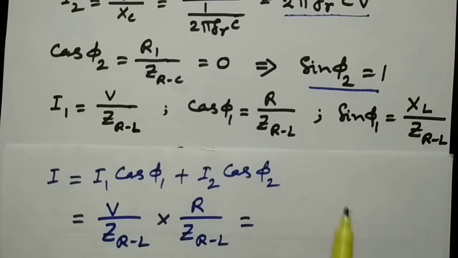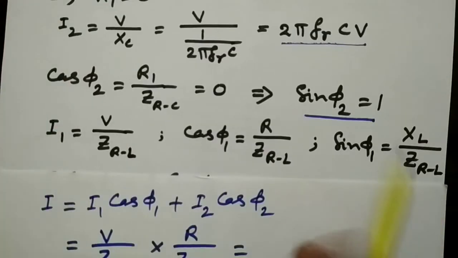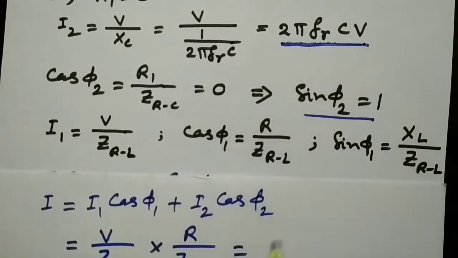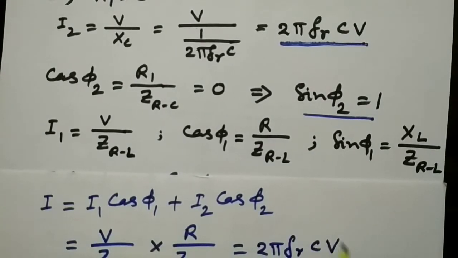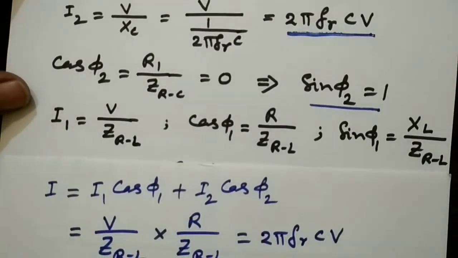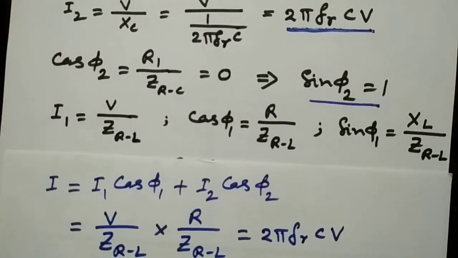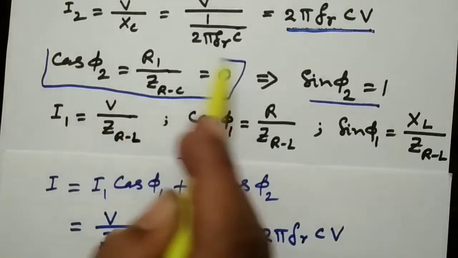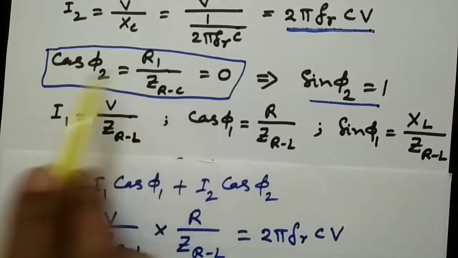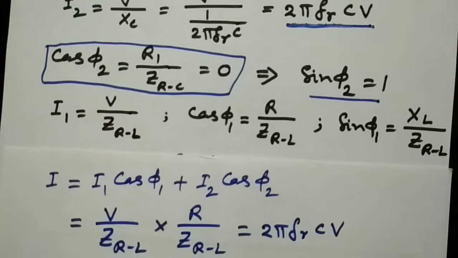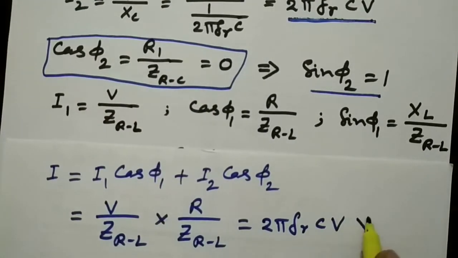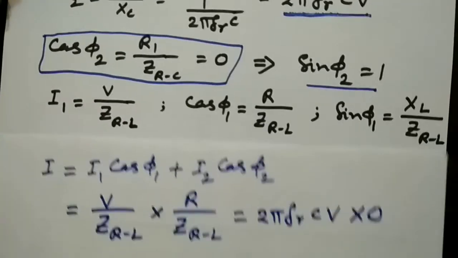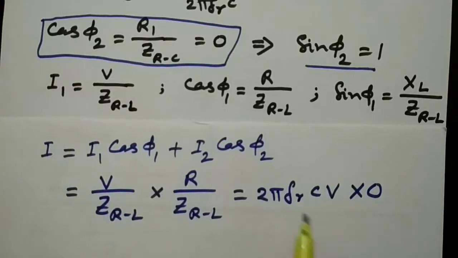I2 is equal to 2 pi FRC into V, and cos phi 2 is equal to 0, because R1 is 0. So here it will be multiplied by 0, so the second term will become completely 0.